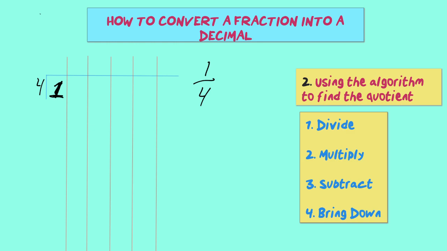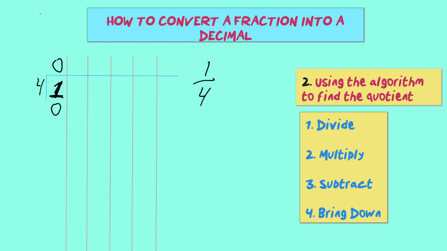Next, we're going to use the algorithm to find the quotient. And so the first thing we want to do is divide. How many times can 4 go into 1? If you said it can't, you are correct. And so 4 goes into 1 0 times. We multiply 4 times 0. 4 times 0 is 0.